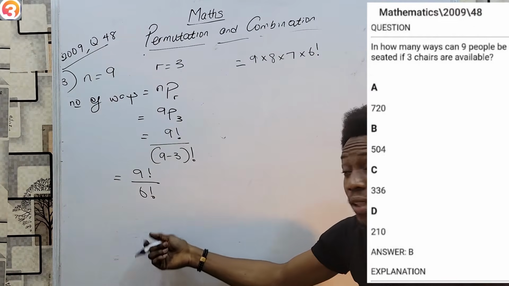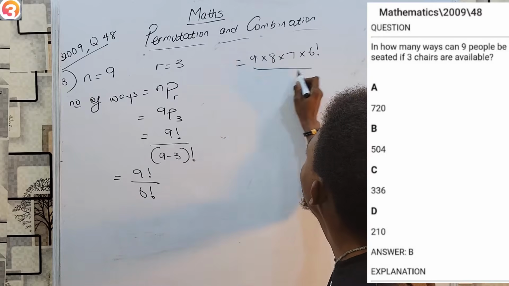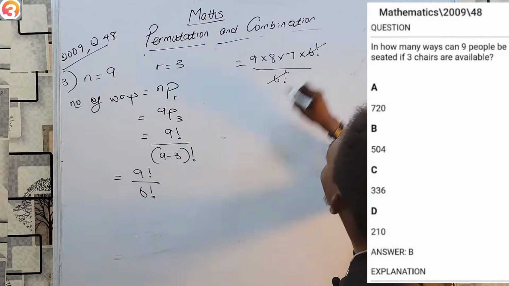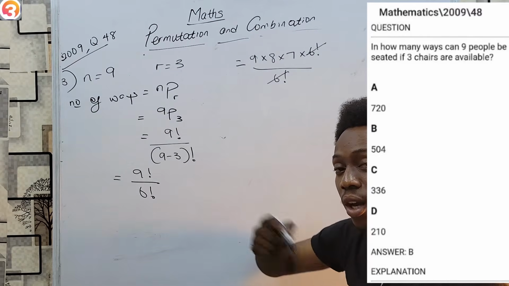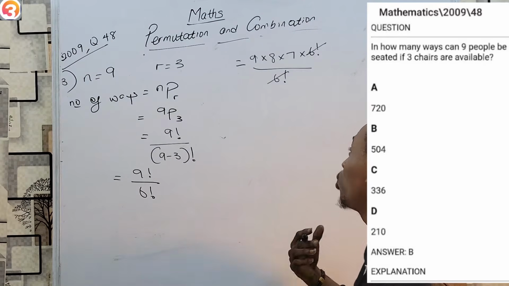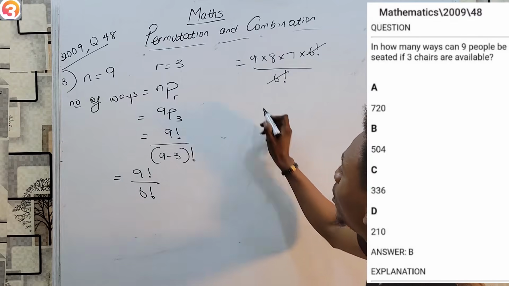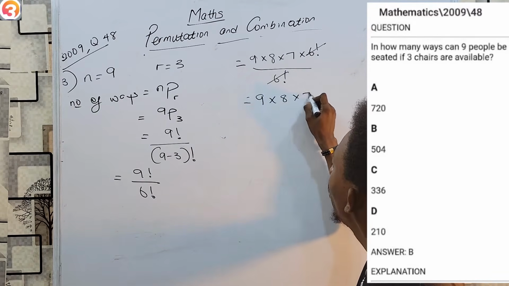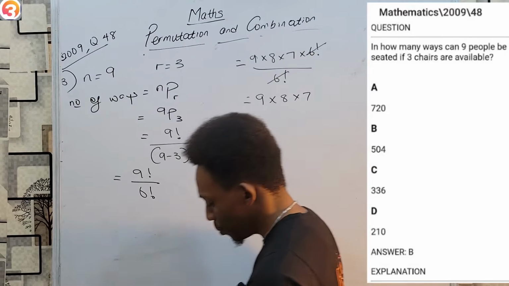You may ask, why did I do that? Because if I stop it here, I have 6 factorial here, and now 6 factorial can actually cancel 6 factorial. If you go through the long journey, you still get the same answer, but this is much faster. So I'm now left with simply 9 times 8 times 7.